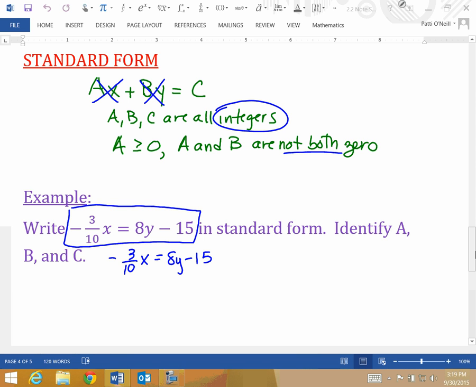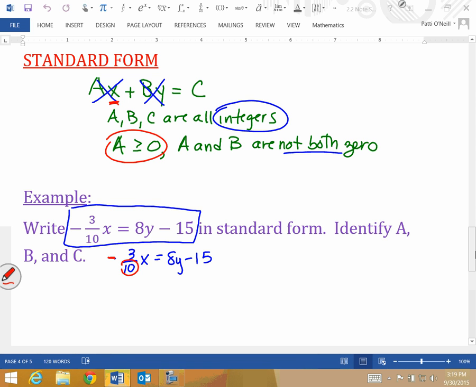So the 10 that's in the denominator right here is causing us a little bit of a problem. We also know that a has to be greater than or equal to 0, which means either 0 or positive. Now the value for a, which is attached to the x, right now in our problem is negative.